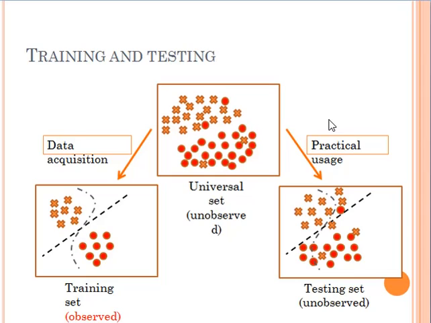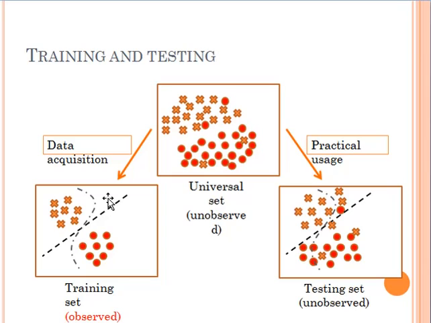So initially, our data set is basically divided into two data sets. One is the training data set, and the other is the testing data set. So we can say that after data acquisition, we are dividing our data set into two subsets.